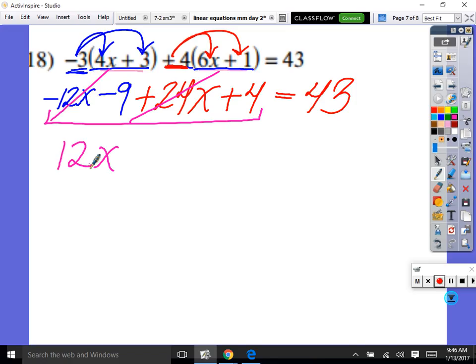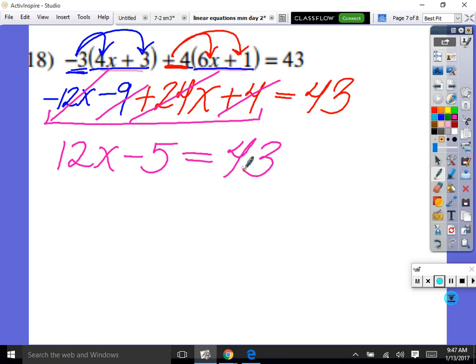Negative 12x plus 24x is positive 12x's. Negative 12 apples. Wait, wouldn't it be negative? No. We have negative 12 apples and we add 24 apples. Isn't that in the positive apple direction? Okay, so good. And then negative 9 plus 4 is negative 5. And then we took care of everything, is equal to 43.